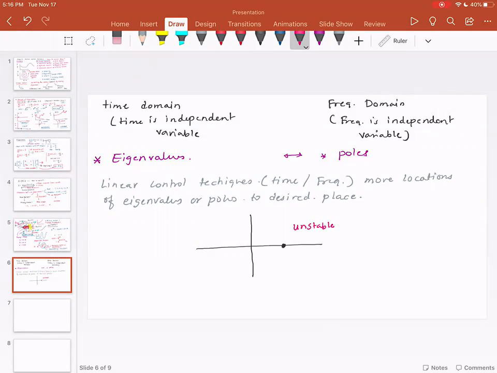It could be PID, it could be pole placement, and move this eigenvalue somewhere over here. So this is the location where the eigenvalue got moved and the system became stable. Now I again add some additional controller and move this eigenvalue further onto the left hand side. So this eigenvalue got moved from location 1 to location 2. Please note the system became more stable.